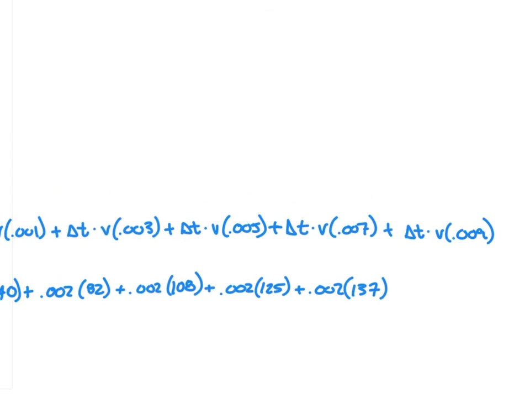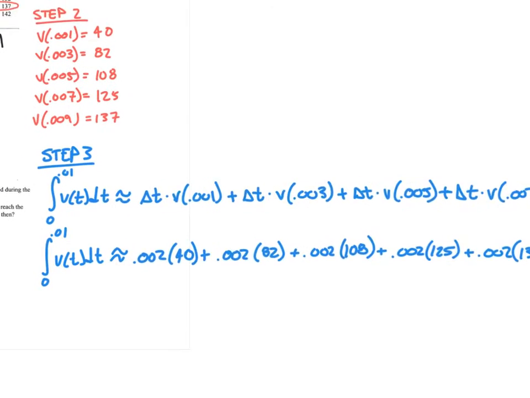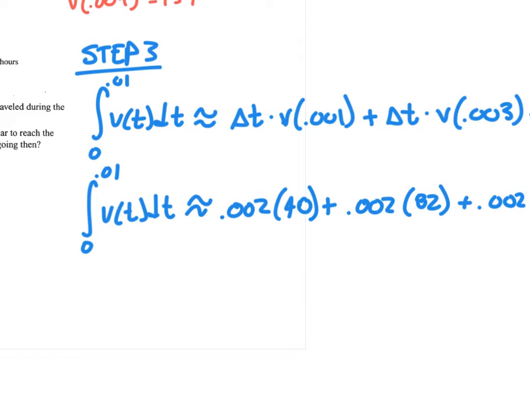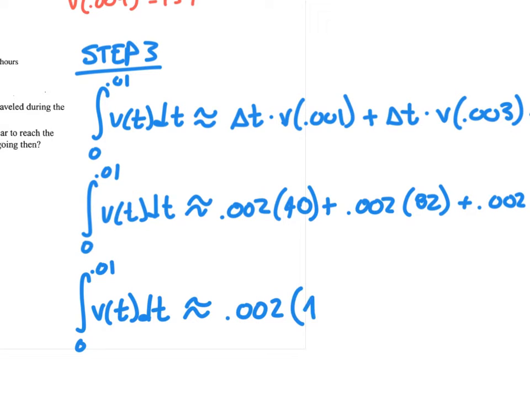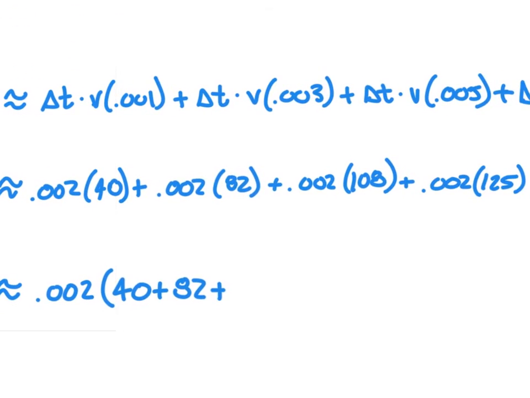Okay, so now what I can do with this, I'm going to rewrite my integral symbol from 0 to 0.01 under my velocity function v of t dt. I can factor it, because my delta t is the same for each of these, it's 0.002. I can factor that out, 0.002, and multiply that by 40 plus 82 plus 108 plus 125 plus 137.